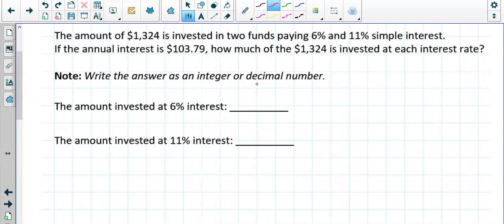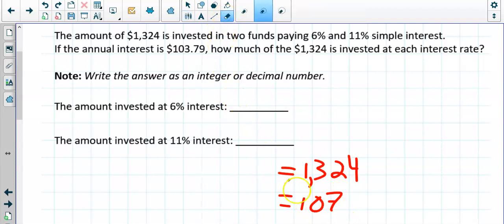So who are the totals? Yep, that's one of them. Yep, that's the other one. 103, not 107. You have standard form, meaning both of our variables are going to be on the same side.